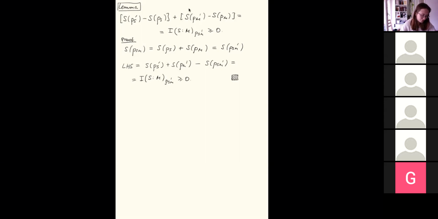Now let us turn to the main theorem, which establishes the equality, or the form of Landauer's principle where we can state equality. I claim that the following holds.